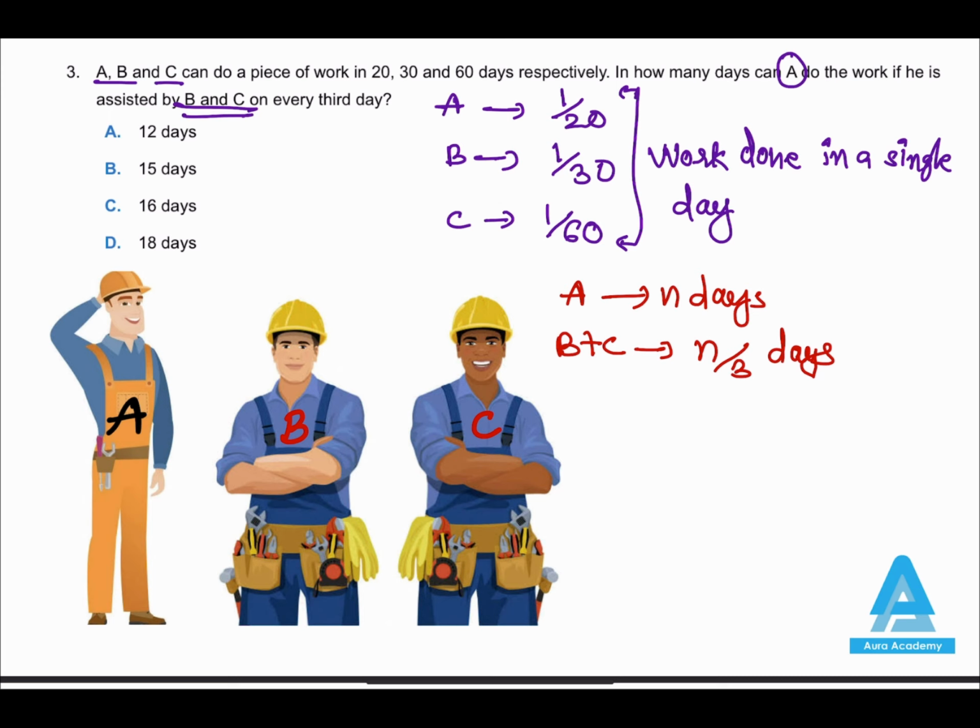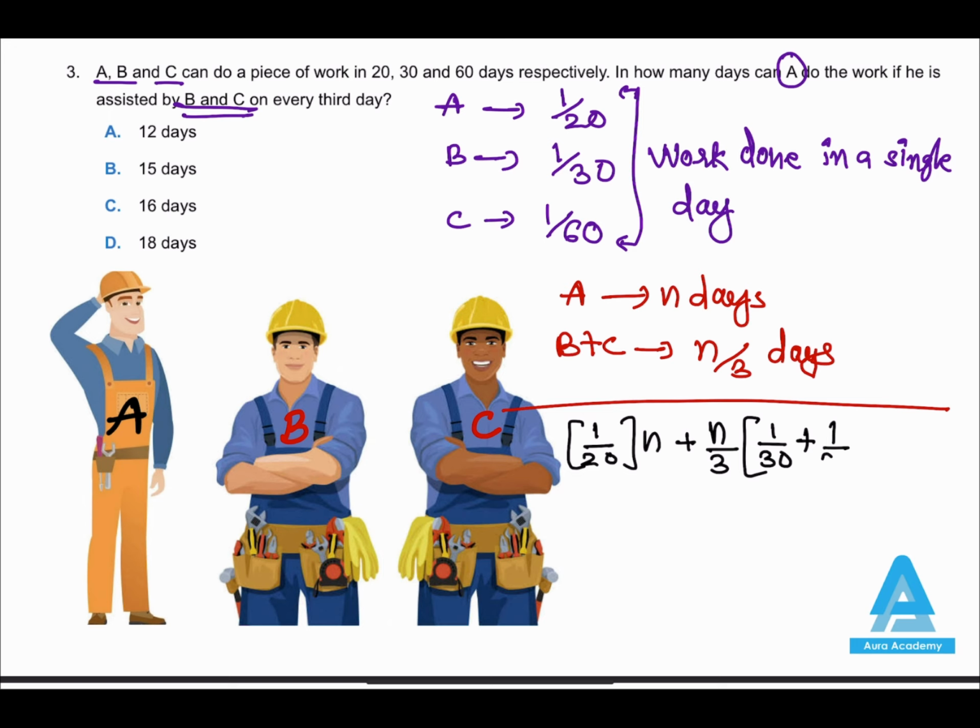Now input these values in our formula. A's work is 1 by 20 multiplied by n. The n value we need to find out. Plus n by 3 multiplied by 1 by 30 plus 1 by 60 is equal to 1, because work is completed. So that value is 1.